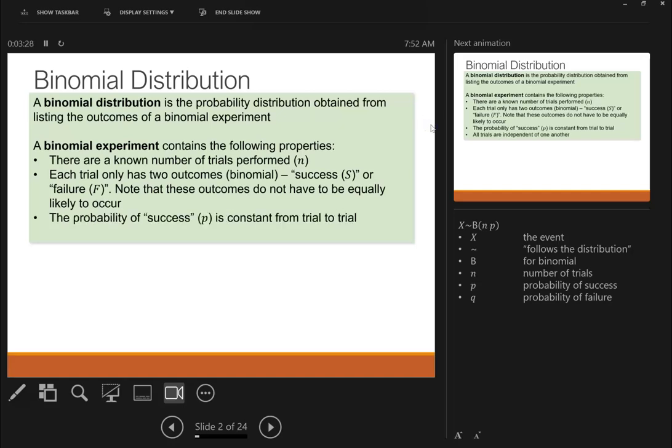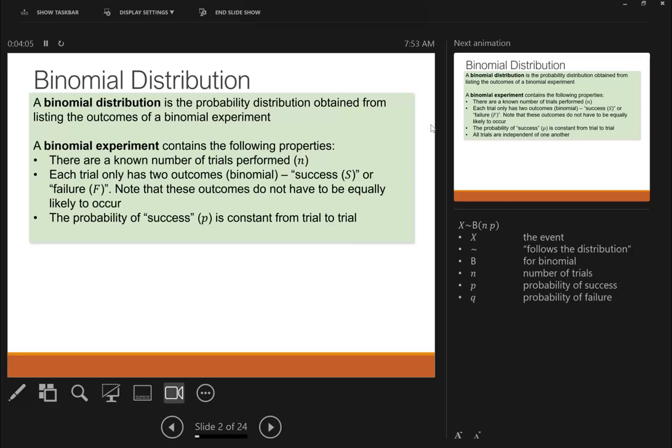Okay. The probability of success is constant from trial to trial. So is that true for flipping a coin? Does the probability that heads comes up change in between flips? Should not, right? Everybody feel good still? What's a situation where that probability could change in between trials? If you're selecting things from a set without replacement.